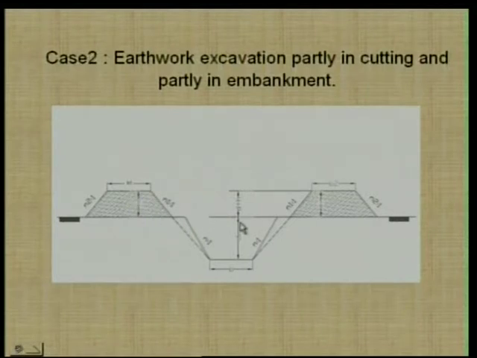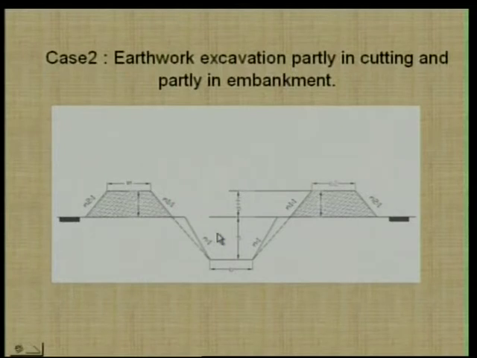Suppose small d is the depth of the canal in excavation and small h is the height of the banks above the ground level, B1 and B2 are the top widths of the banks, n1 to 1 is the inner slope of the banks, n2 to 1 is the outer slope of the banks, and n to 1 is the side slope of the canal in cutting.